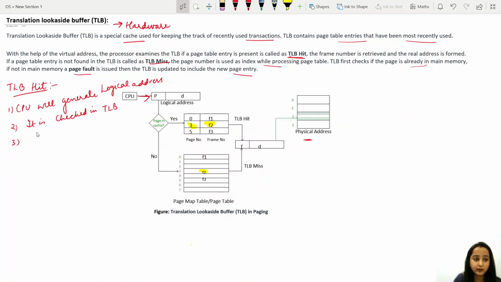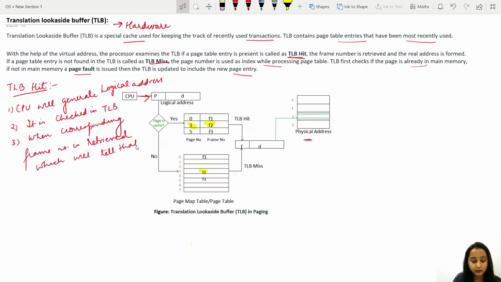So, when will the hit occur? When the corresponding frame number is retrieved, which will tell where in the main memory that page lies.